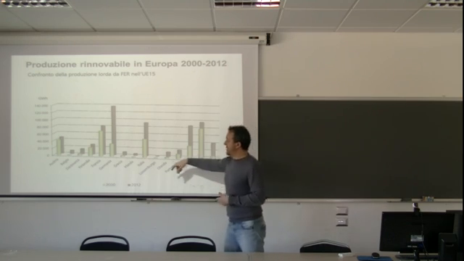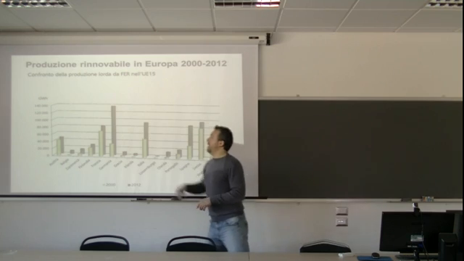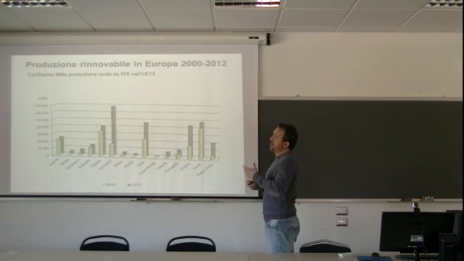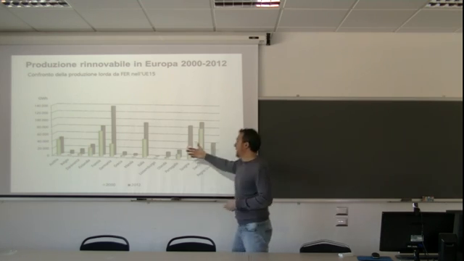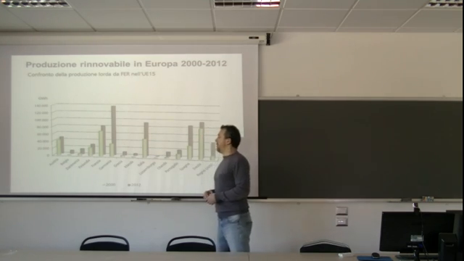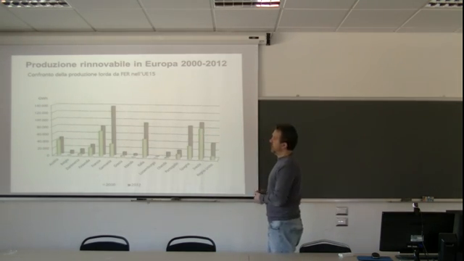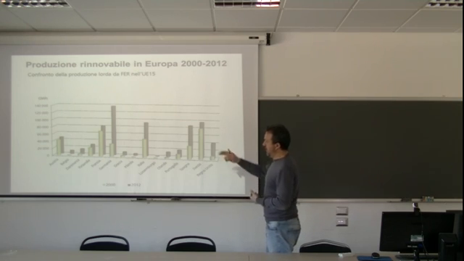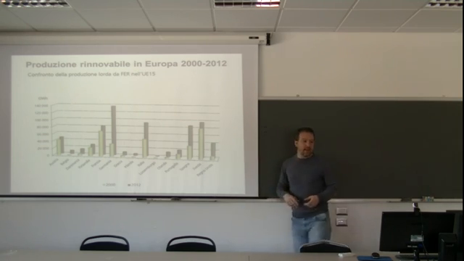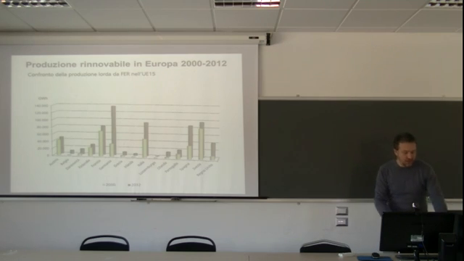In some cases, for example in Germany, the use of renewable energy tripled in only 12 years. And also in Italy, there was a very important increase in the renewable sector. We have doubled the renewable energy in these years.